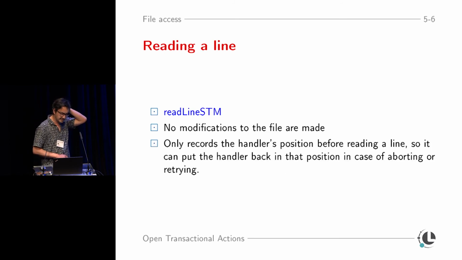Read line is similar and simpler because no modifications to the file are made. We only have to record the handler's position before reading a line, so we can put the handler back in that position if the transaction aborts or retries.